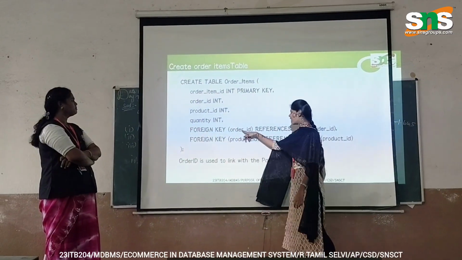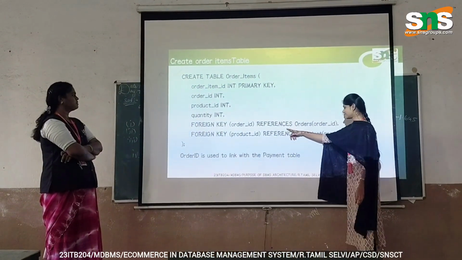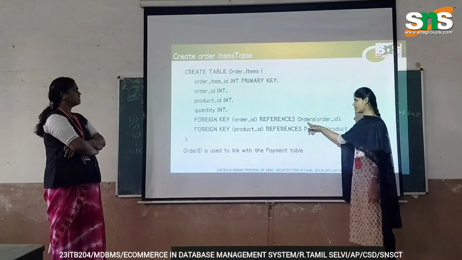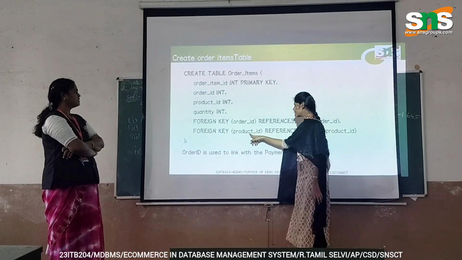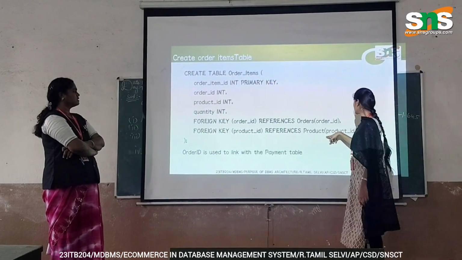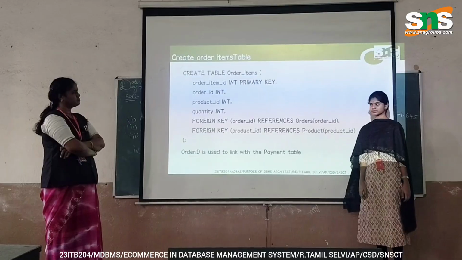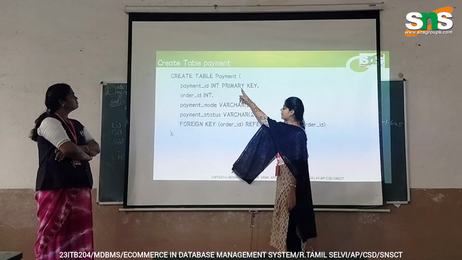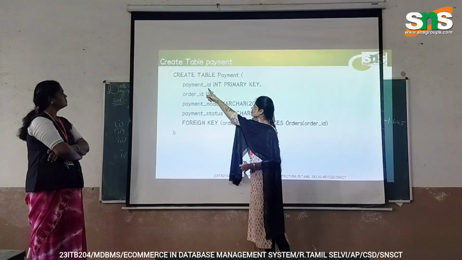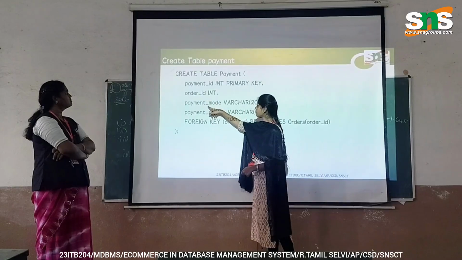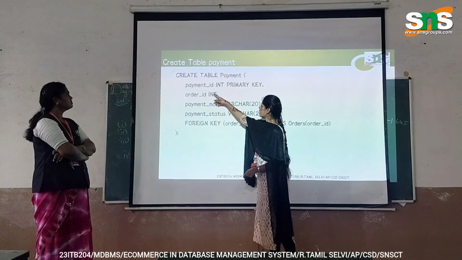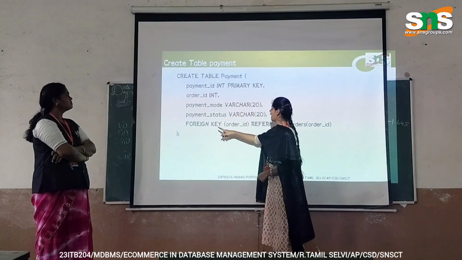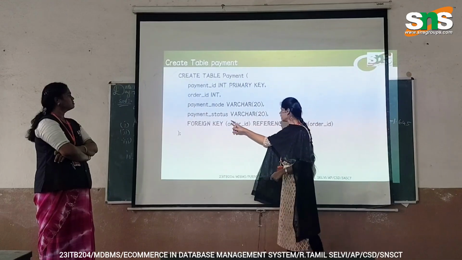Here the foreign key is order ID. It refers to the order ID from the order table, and product ID is also a foreign key from the product table. Next, the payment table. Here the payment table attributes are payment ID, order ID, payment mode, and payment status. Payment ID is the primary key and order ID is a foreign key.